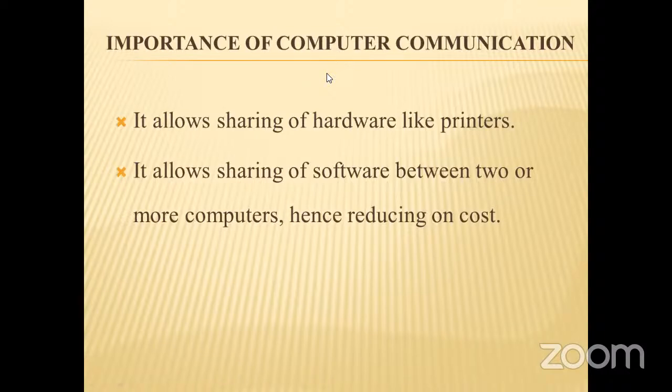For instance, here we have an example of a printer. You can be with 20 computers in a computer lab with only one printer, and this printer is able to serve the 20 computers. In other words, you can print out your document from any of the 20 computers using the same printer.